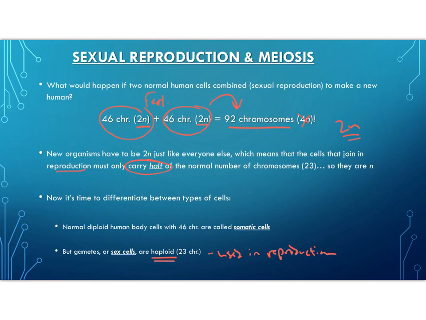So what we talk about in an organism like a human is that the vast majority of your cells are diploid with 46 chromosomes. And we call those somatic cells. But at one place in your body, you can form a gamete or sex cell, which is haploid and has only half the number of chromosomes.